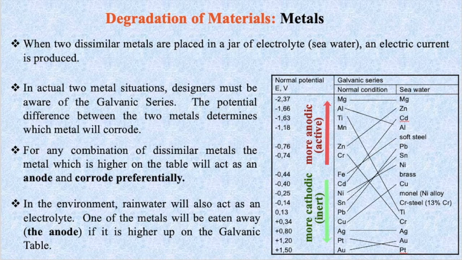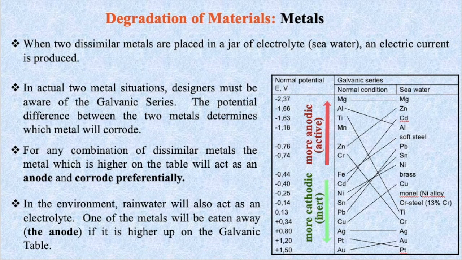So, four parameters are important for corrosion to take place. Number one, there has to be two different metals. Number two, these two metals have to be separated on a galvanic series. That means they have to have different potential.